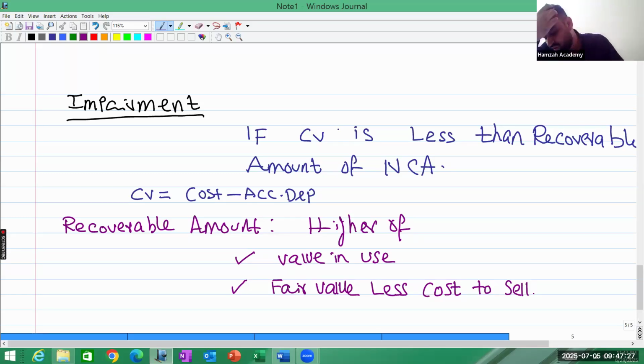Value in use or fair value less cost to sell.